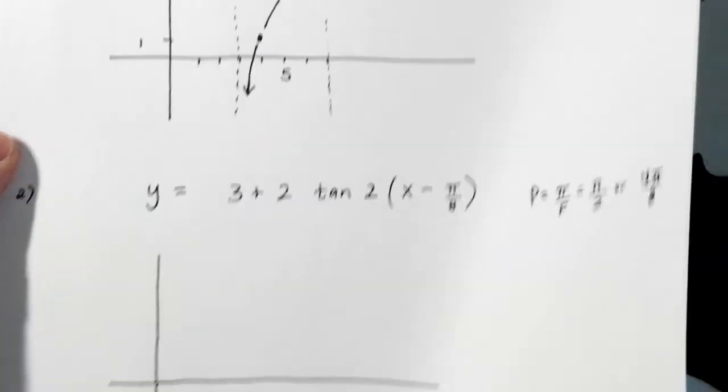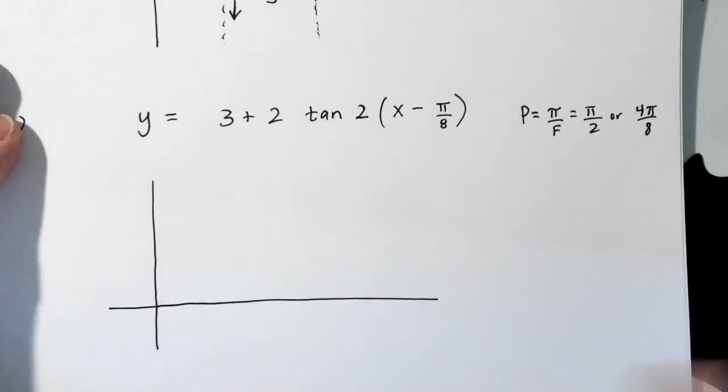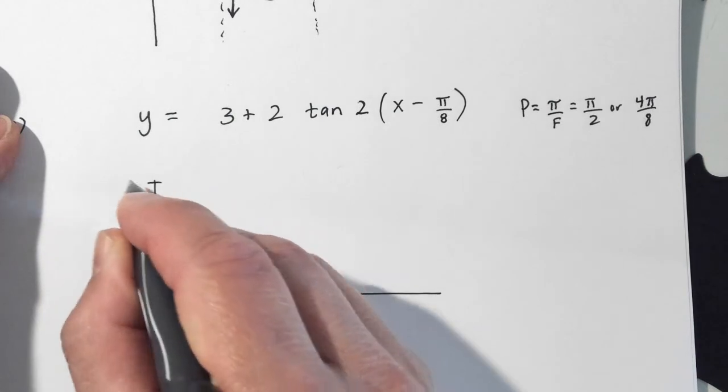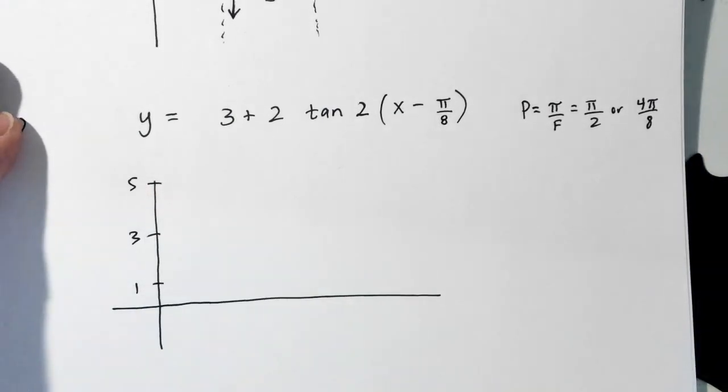Oops, sorry. Better? Got 3 here, 1 here, 5 here. Make sure it's equally spaced.